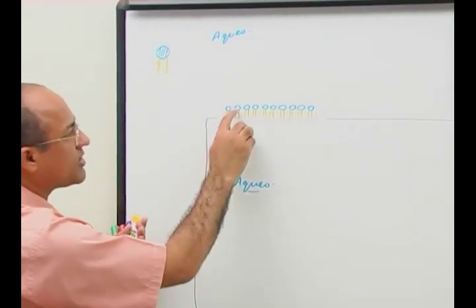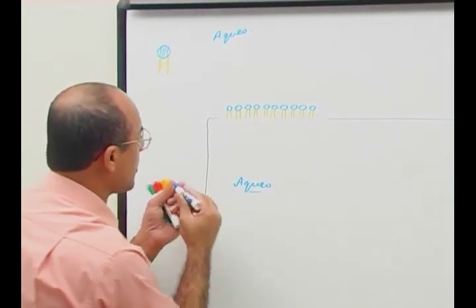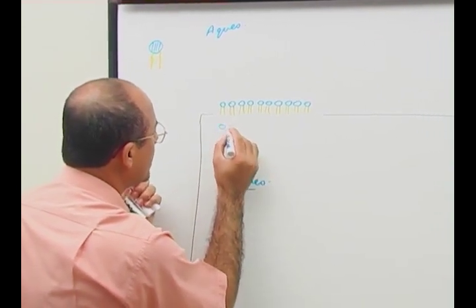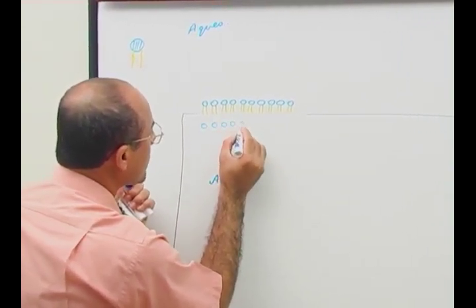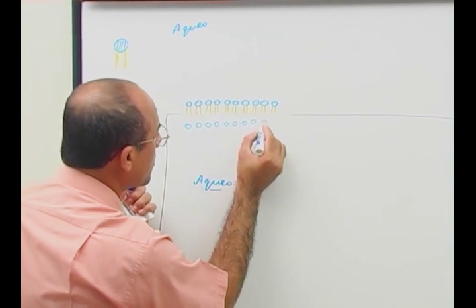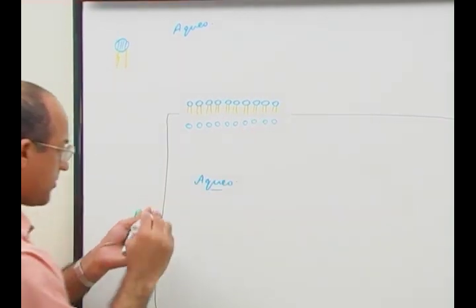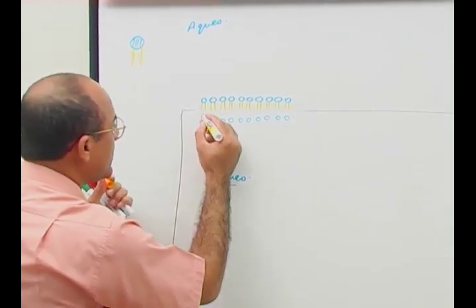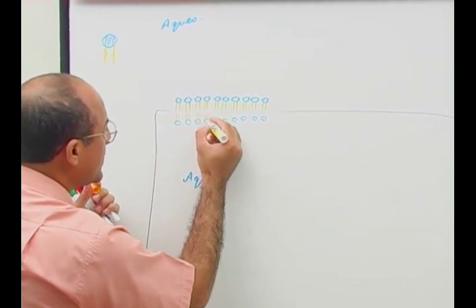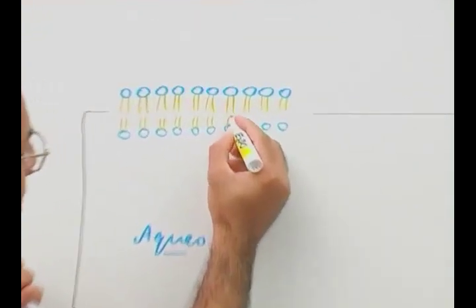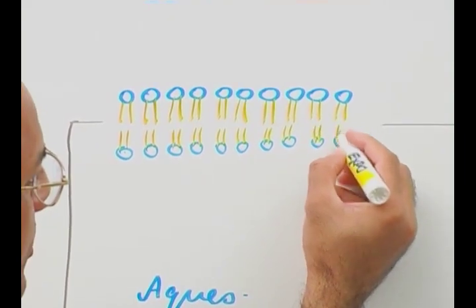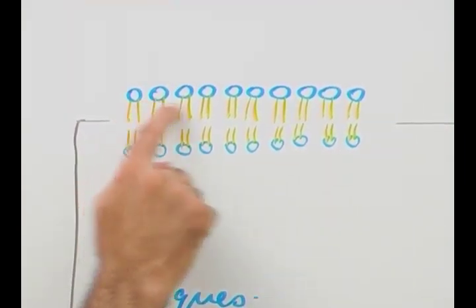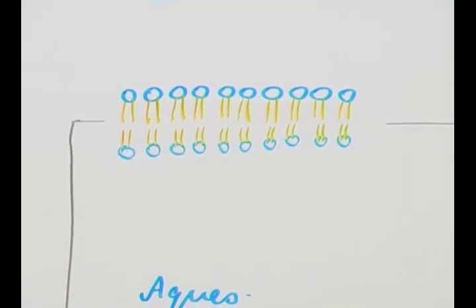Now, actually this is one layer. The other layer will be on this side, a layer of the molecules. Now, you can see that the cell membrane is made of a double layer of phospholipids, right?